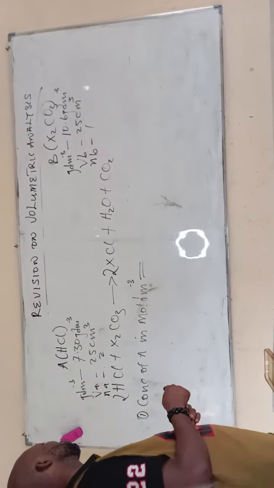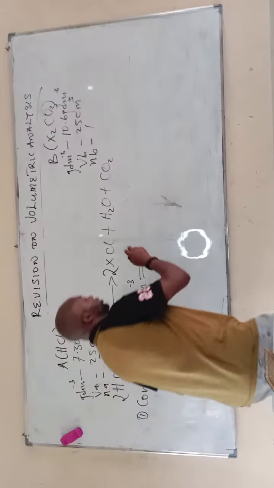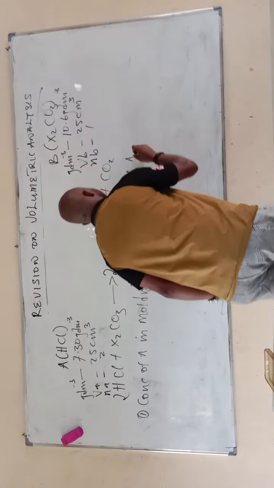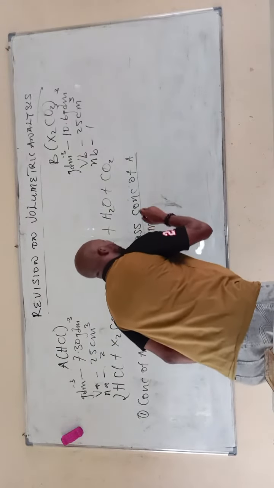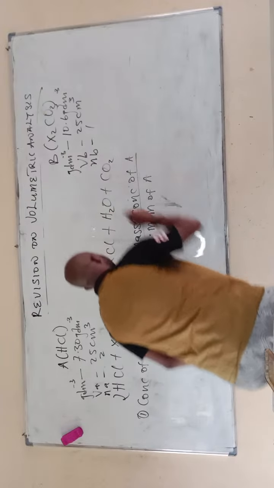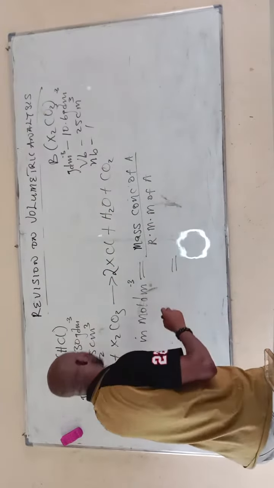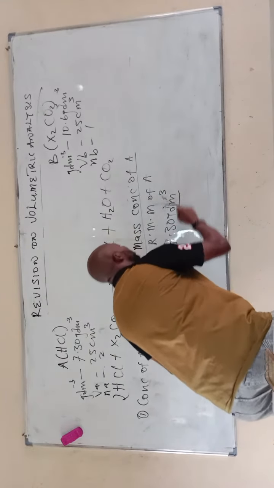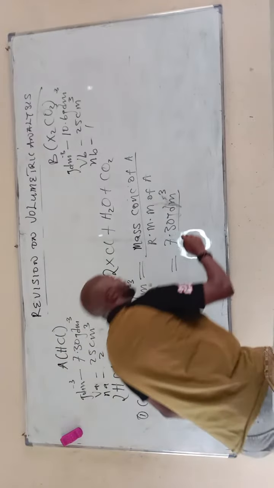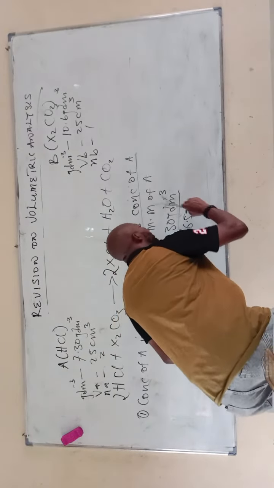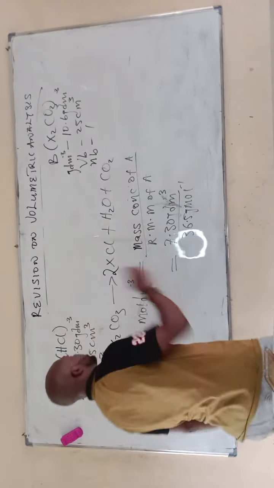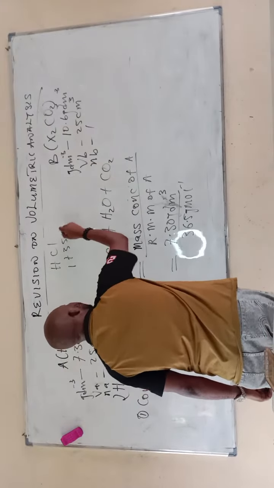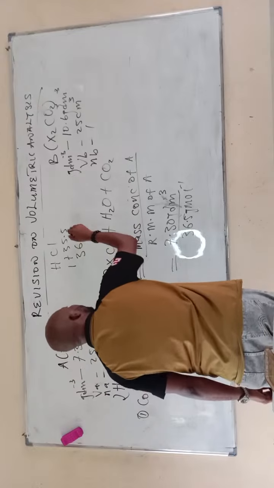So I would say concentration of A in mole per dm³ is equal to mass concentration of A over relative molecular mass of A. And we move on to say the mass concentration of A is 7.30 g/dm³ over the relative molecular mass, which is 36.5 g/mole. How do we get that? HCl, hydrogen is 1, plus chlorine is 35.5. That gives us 36.5.